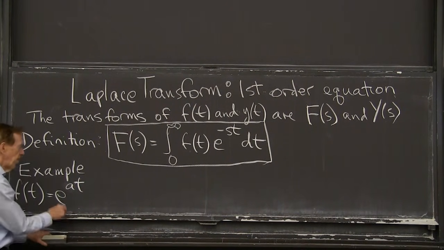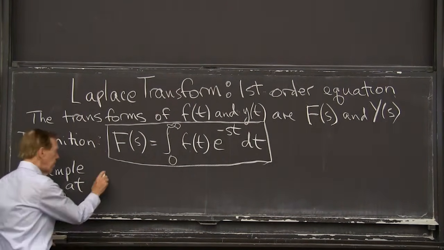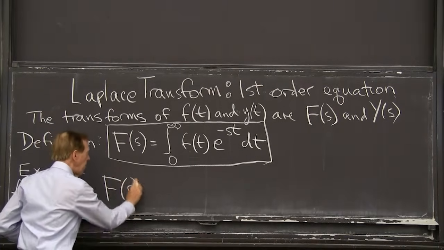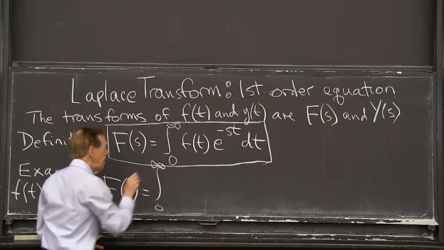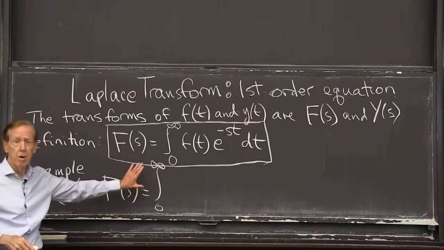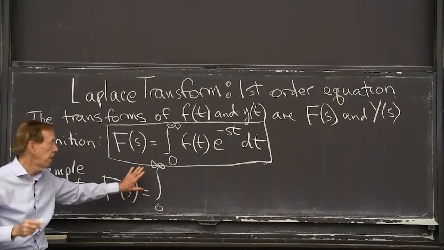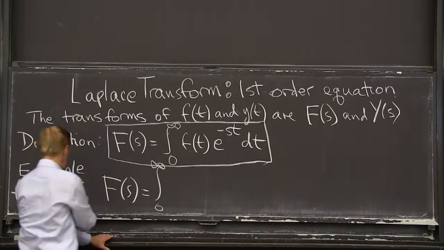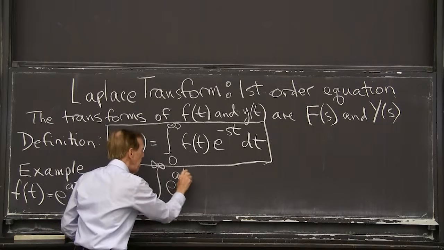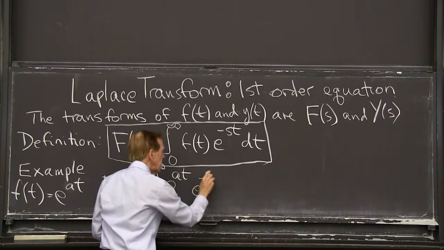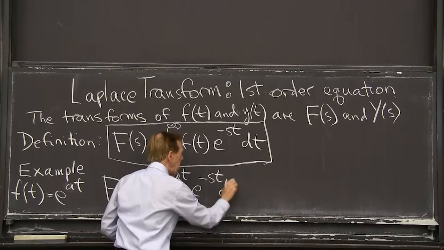So I'll compute its transform. So what do I have to do? I have to integrate from 0 to infinity. You might think 0 to infinity is hard, but it's actually the best. Of my function, which is e to the at, times e to the minus st dt.